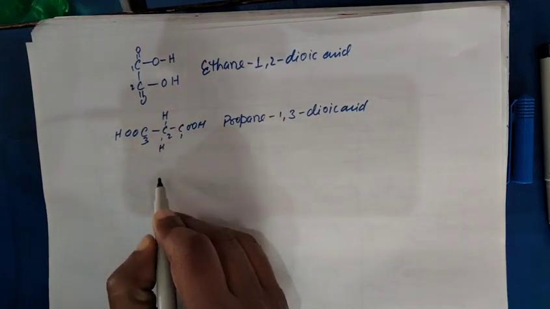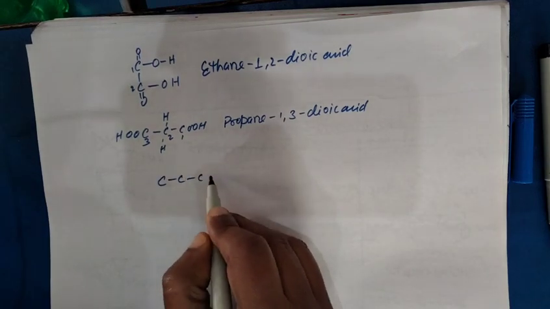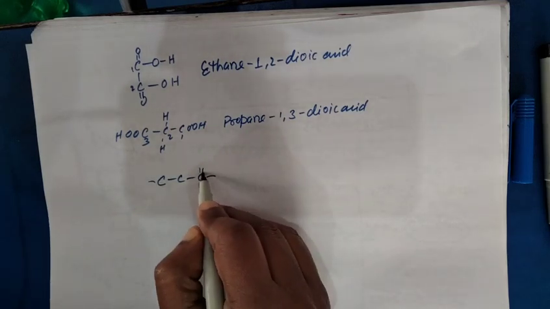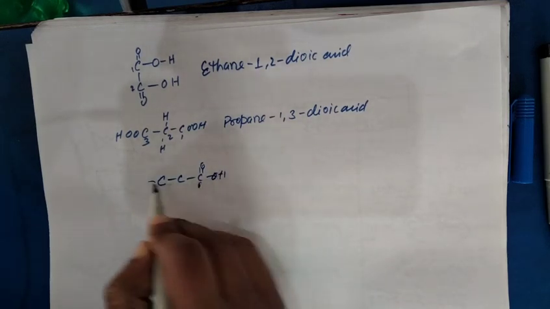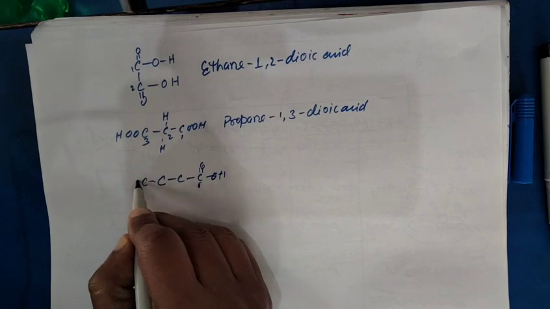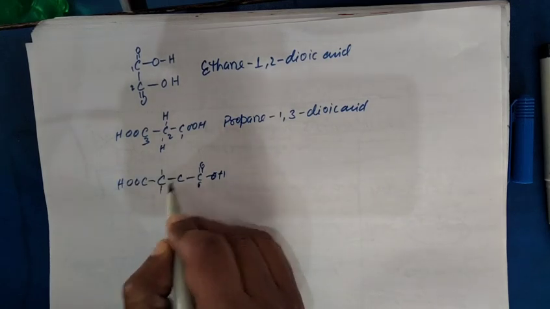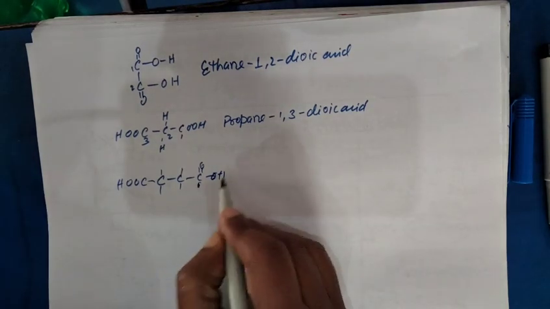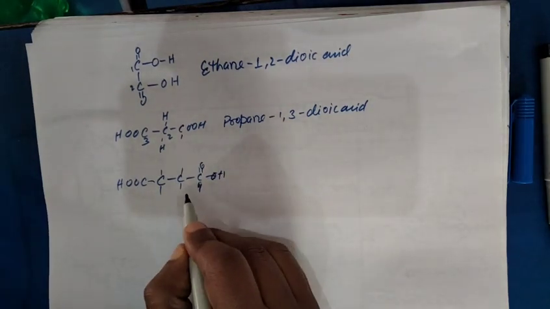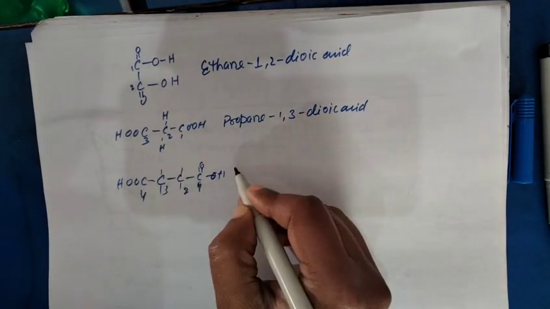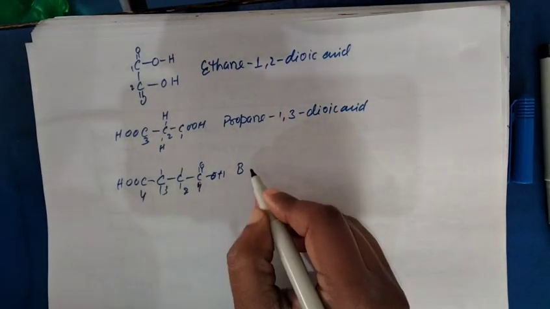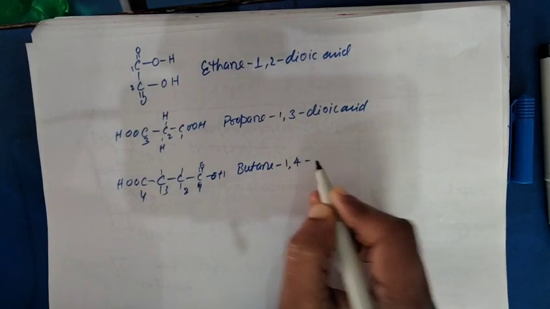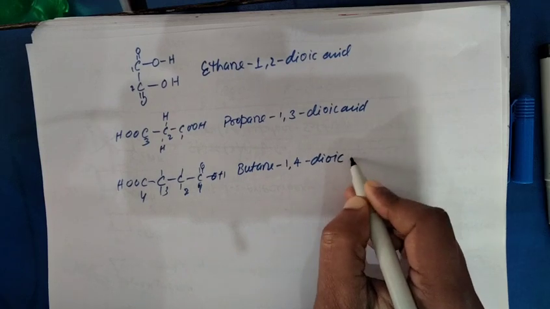If you take 4 carbons here in this manner, this is COOH, and here we can write COOH, CH2 in this form. So 1 2 3 4. How much carbon? 4. So butane 1, 4 dioic acid.